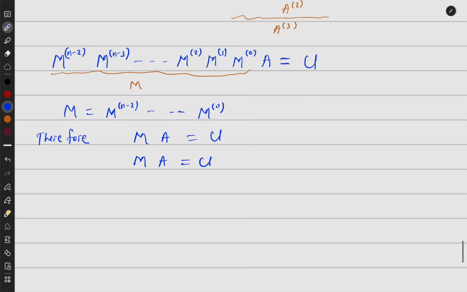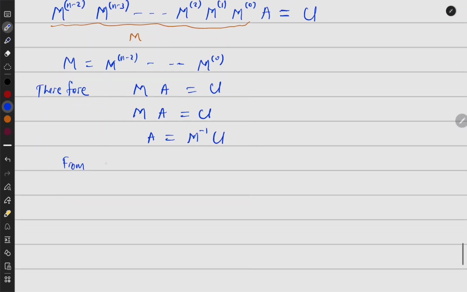We see that therefore my A equals to M inverse U. So from my AX equals to B, very sorry, for my AX equals to U, someone can instead write M inverse U equals to B, something like that.